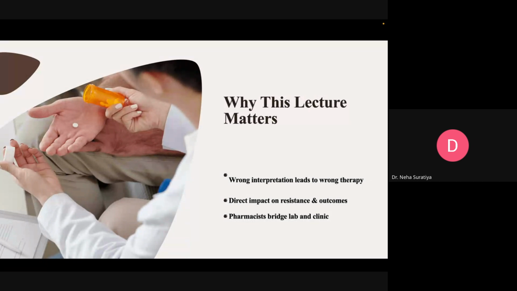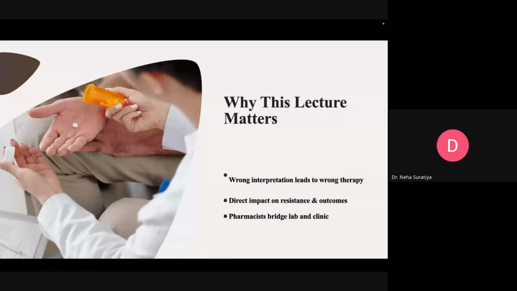If we don't know about minimum inhibitory concentrations, MICs, resistance mechanisms, and how to read an antibiogram properly, we may unknowingly promote resistance even while trying to help the patient. Because if you don't know this concept, you cannot suggest to physicians or clinicians to change the treatment, because they need evidence. They need explanation.